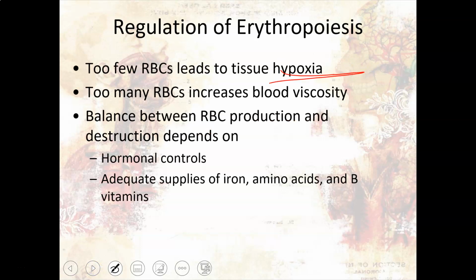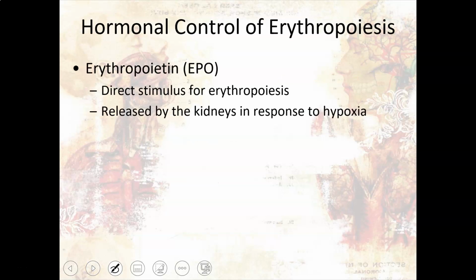Hypoxia, a lack of oxygen carrying capacity in the blood, happens because you don't have enough red blood cells. So we have this balance between red blood cell production and destruction. Your average red blood cell lives about 100 to 120 days. So they're constantly dying and they're constantly being produced.